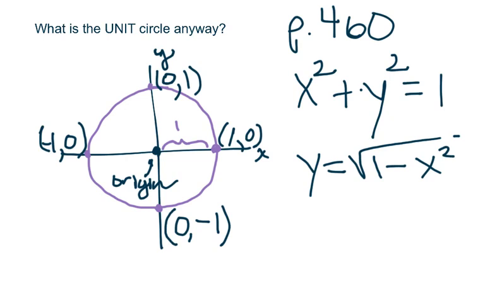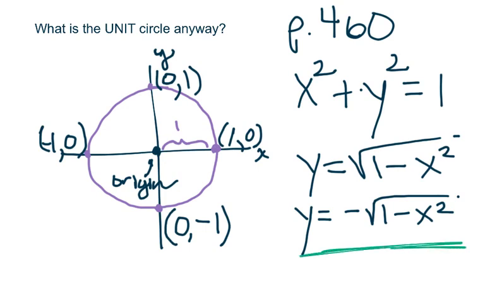But that will only give you the positive half of the circle. So if you want to see both halves, you also have to put in y equals the negative square root of 1 minus x squared. I wanted to mention that because some of you have graphing calculators, and that will give you both halves of the circle.